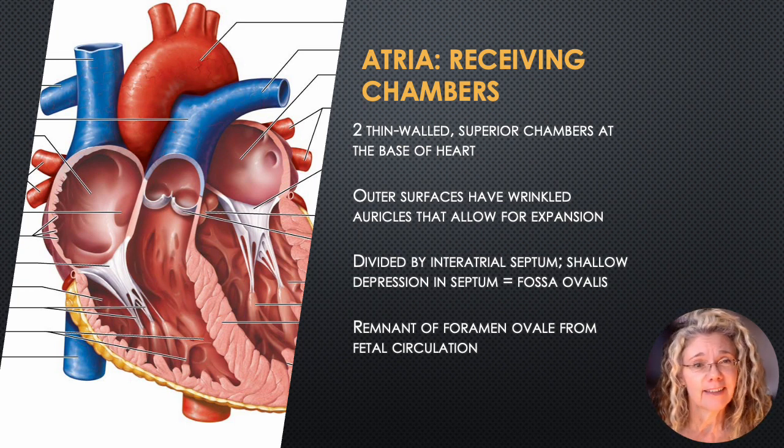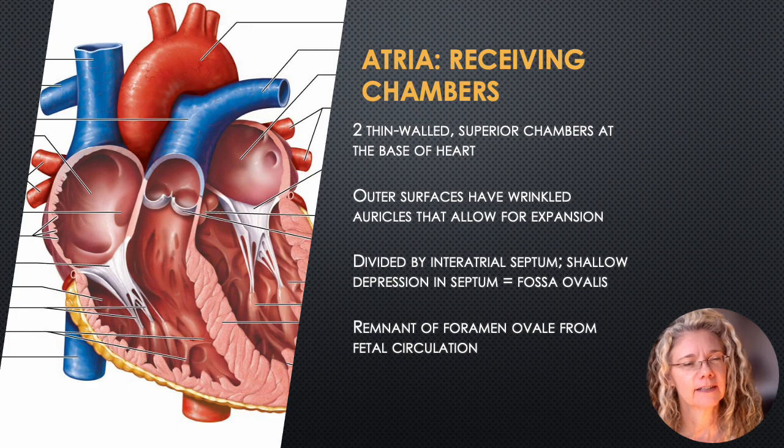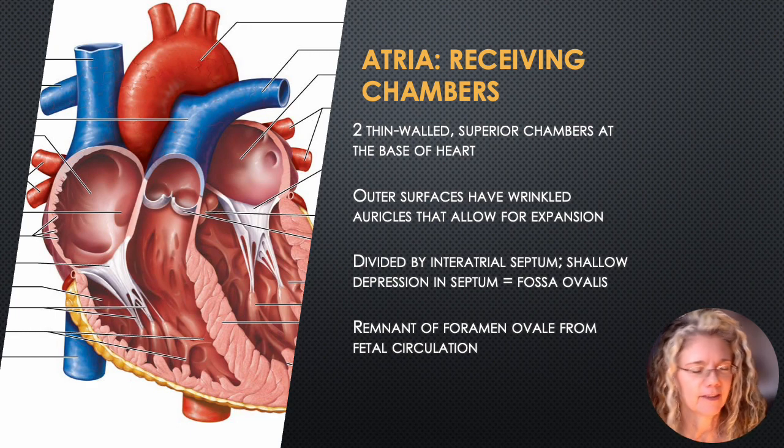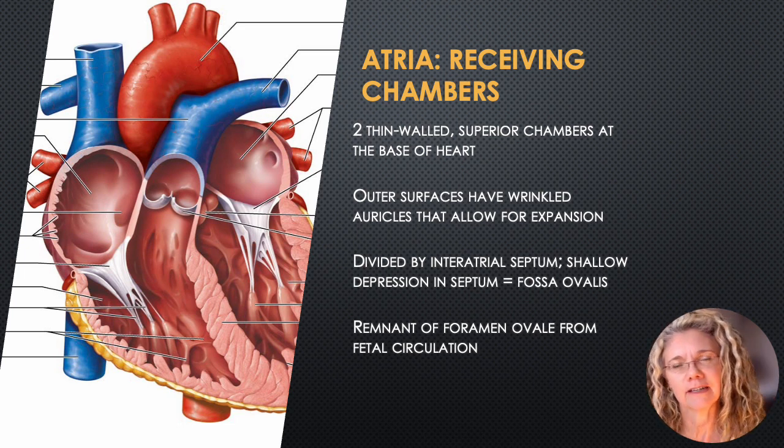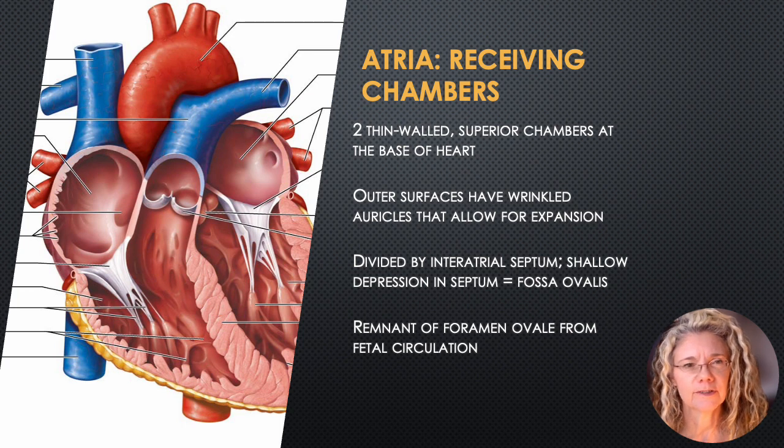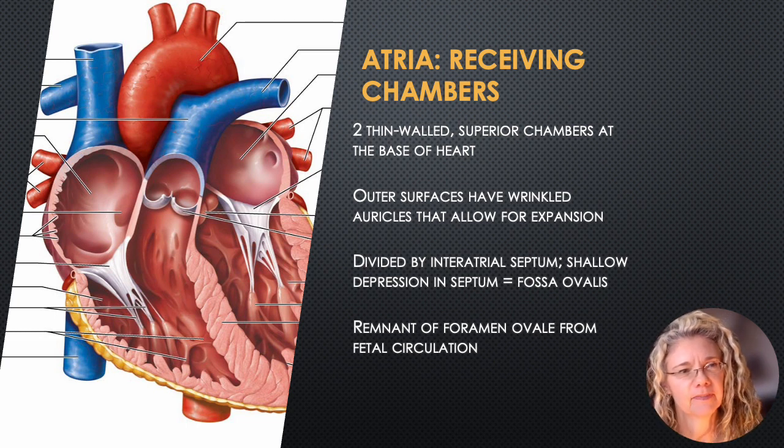From the outside, they look wrinkled, and the wrinkling on the outside is called an auricle. It kind of looks like ears. Someone thought it looked like ears. I guess if you use your imagination, it looks like elephant ears. But those auricles allow for dilation, allow for expansion of those chambers as the venous blood flows in.